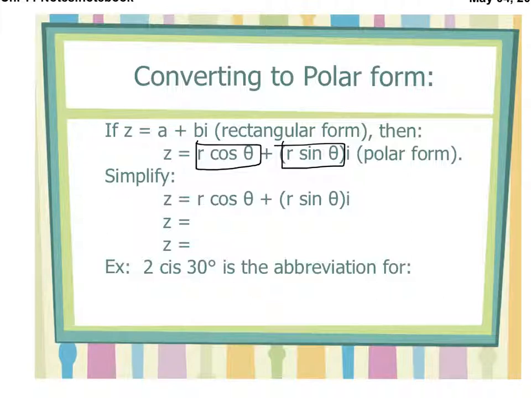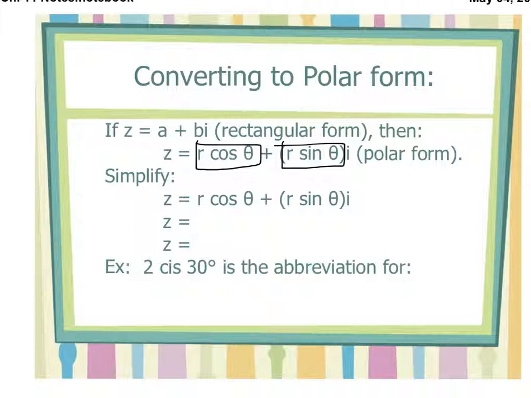The way this is written, notice it's a little bit redundant. In polar form, it's the same idea of defining the location of that complex number in the complex plane in terms of r and theta as opposed to x and y.